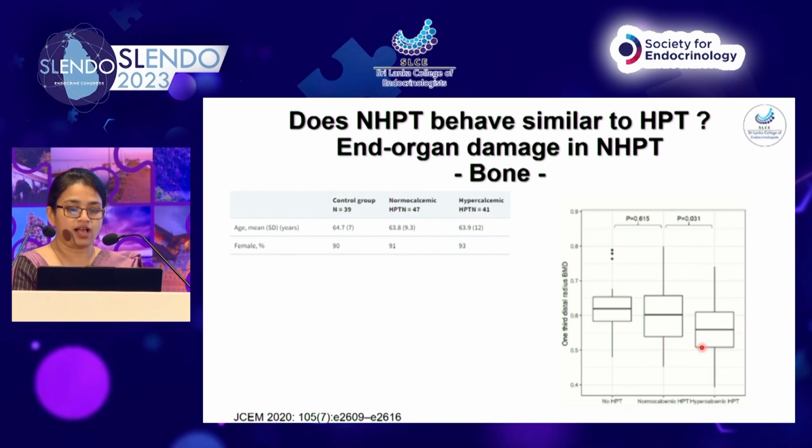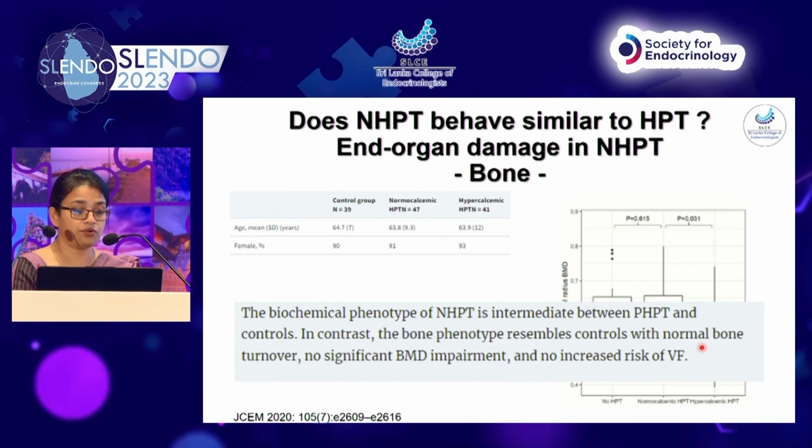So as a conclusion, the study group has concluded that the biochemical phenotype of normocalcemic hyperparathyroidism is intermediate between primary hyperparathyroidism and controls. In contrast, the bone phenotype resembles controls with normal bone turnover, no significant BMD impairment, and no increased risk of vertebral fractures. So bone-wise, it's more towards controls, the normal people. It's not behaving as primary hyperparathyroidism.